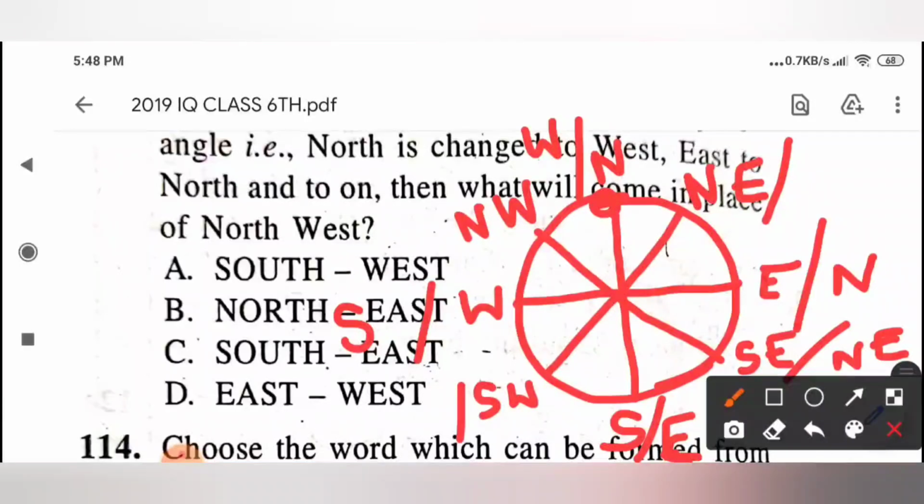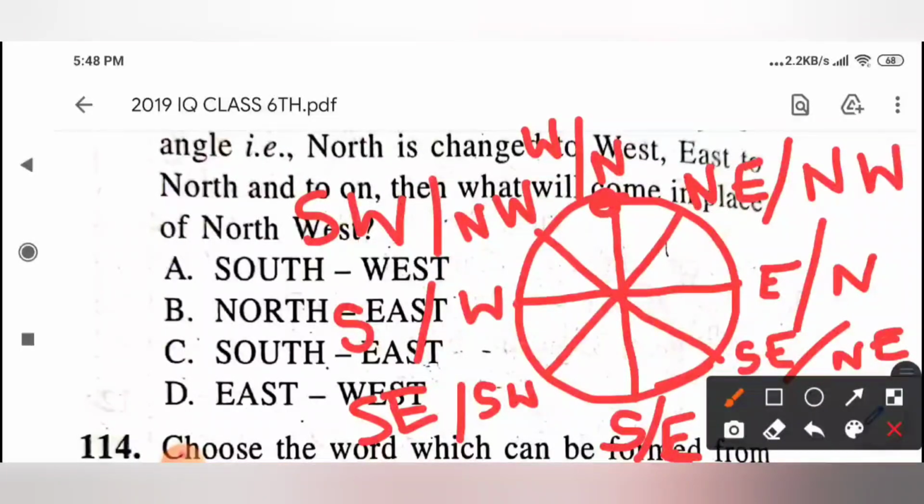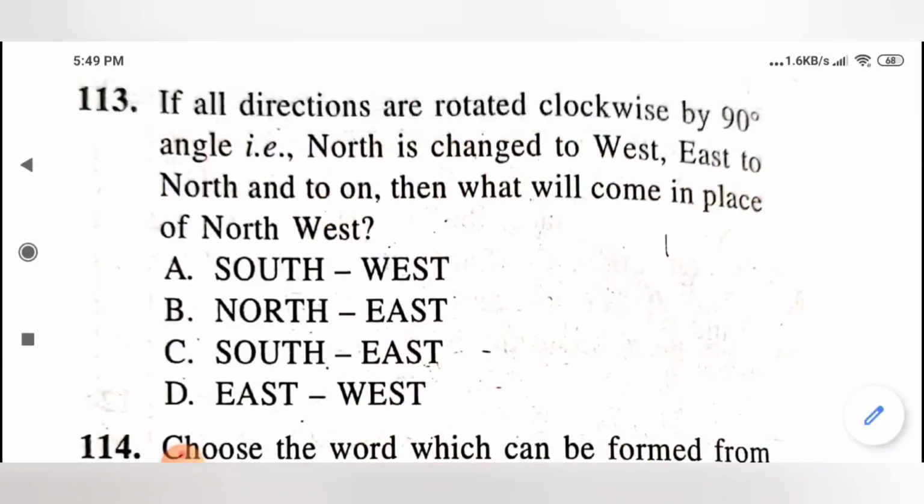Southeast occupies the place of southwest. Southwest occupies the place of northwest. Northwest occupies the place of northeast. Here the question is, what will come in place of northwest? Northwest is here. And in place of northwest, what will come? Southwest will come. So the answer is option A, southwest.